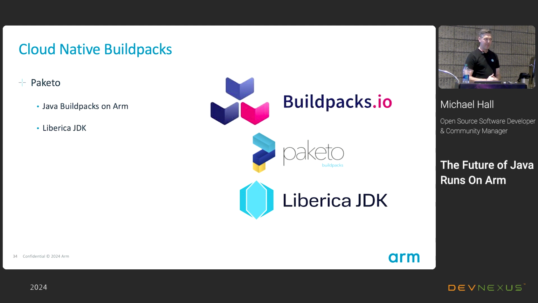And if you're using buildpacks, there are Java buildpacks for ARM64. These are provided by Paketo, and they use the Liberica JDK as the default for that, although I think you can change which JDK you use because there are other options, but that is the default.